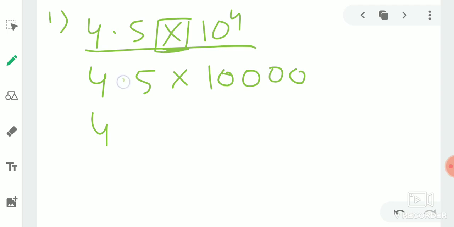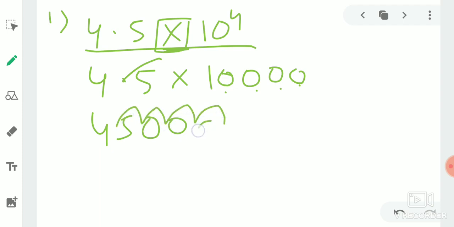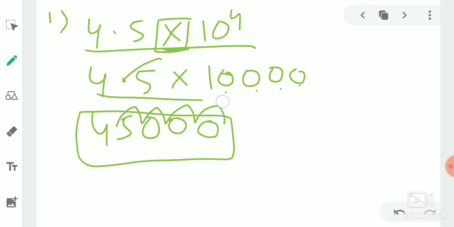I need to shift this point 4 times: 1 shift, 2 shift, 3 shift, and 4 means 1 more 0. This is the usual form of this standard form.